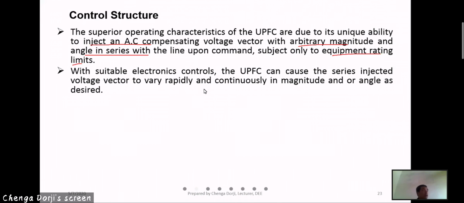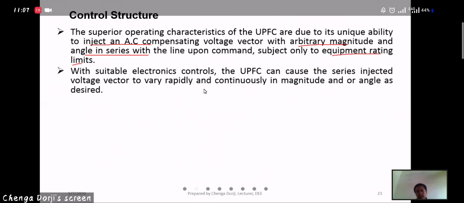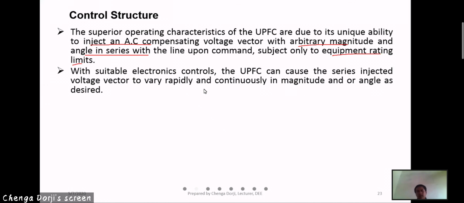Another point is that with suitable electronics control, like diode or thyristor, whatever you may use, the UPFC can cause the series injected voltage vector to change very rapidly and continuously in magnitude or angle as desired. So you can control both magnitude as well as angle as per our requirement.